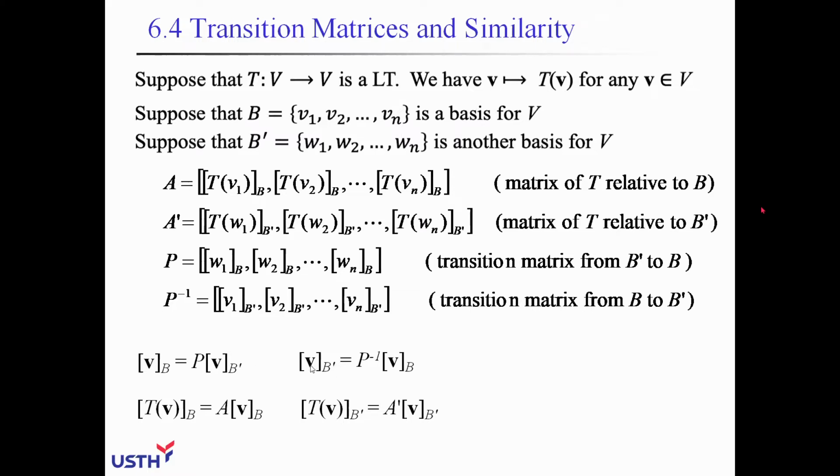Now the coordinate of V relative to the basis B prime equals P inverse multiplied by the coordinate column of V relative to the basis B. So that is all the ingredients we have now in hand. So now, what is the relation between A and A prime, P and P inverse?